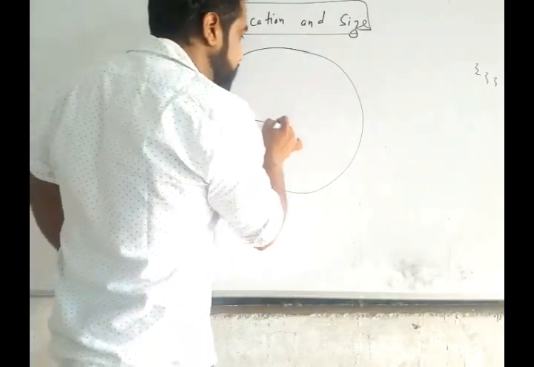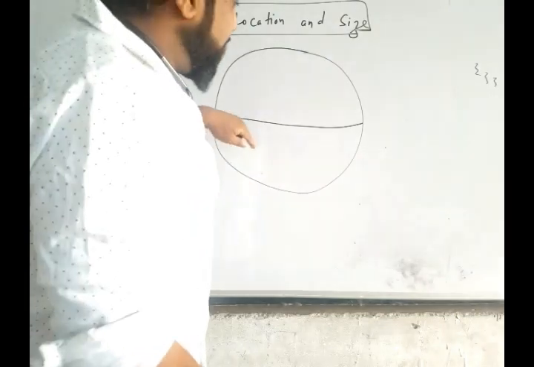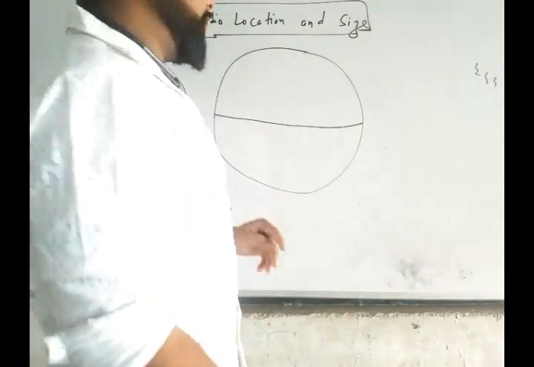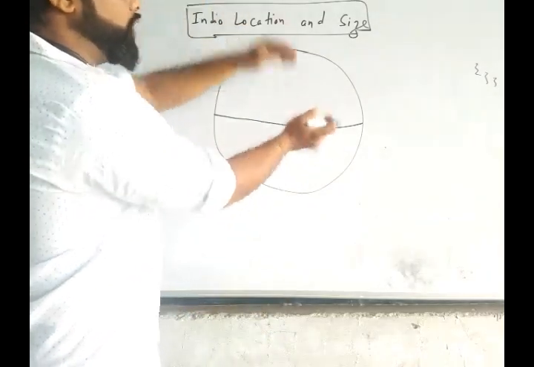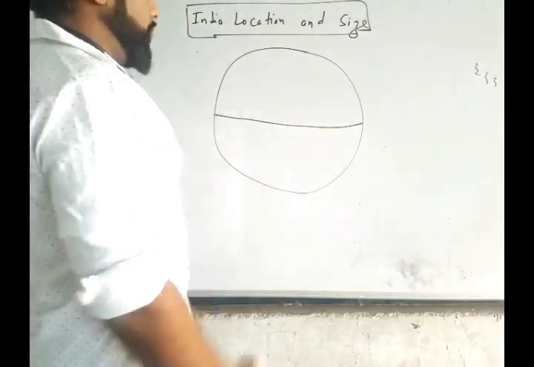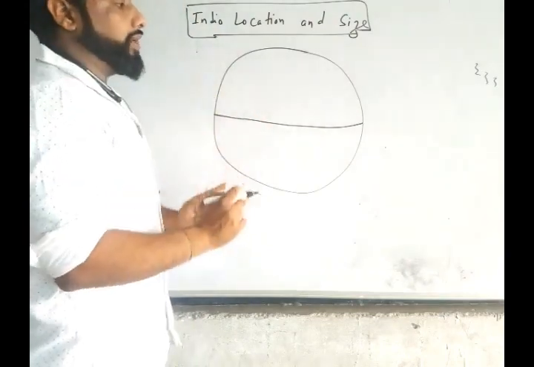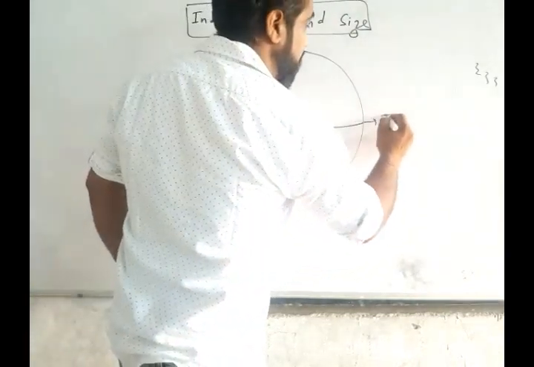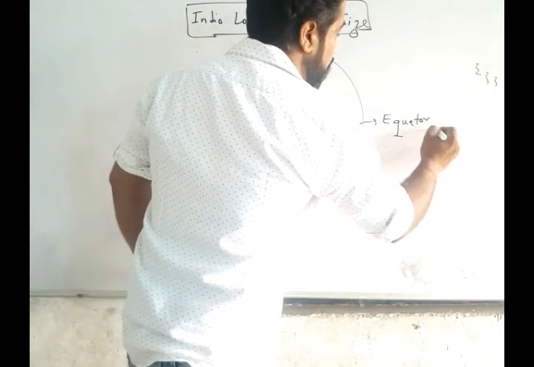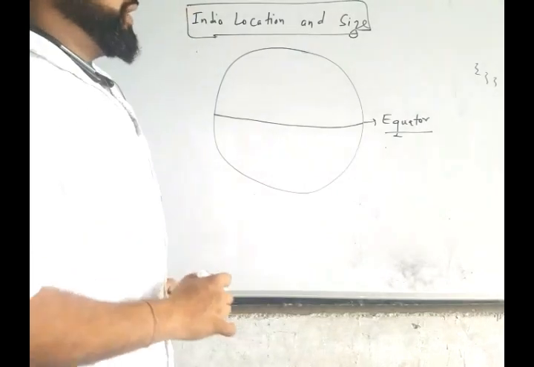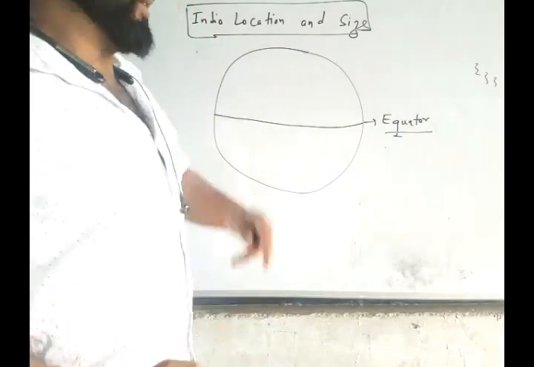That is the equator. बच्चा पार्टी, जब हम ग्लोब की बात करते हैं, when we go to the phases of the globe, then we just read about the first segment, that is the equator. तो बच्चा पार्टी, ये इक्वेटर जो है वो बहुत ही इंपॉर्टेंट है. This equator divides the land into two parts.